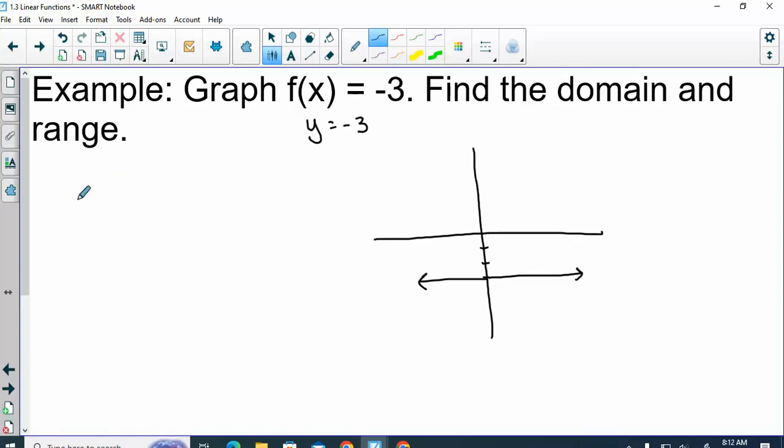So horizontal line at -3. Domain, what x values do we hit? Range, what y's do we hit? Okay, so all lines have a domain and range of negative infinity to positive infinity with the exception of horizontal or vertical lines.